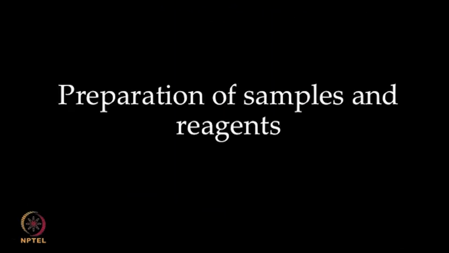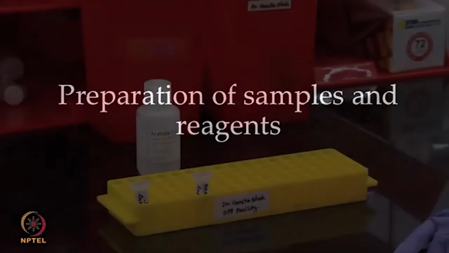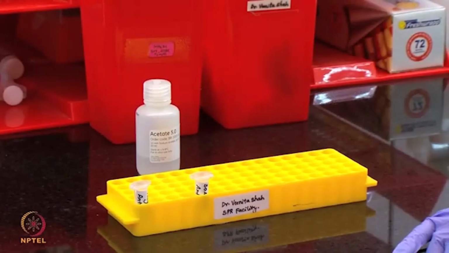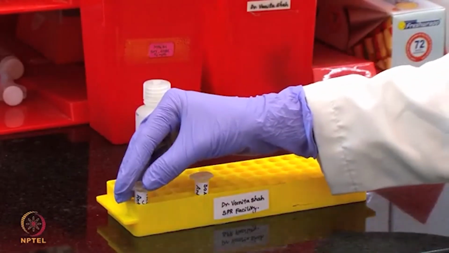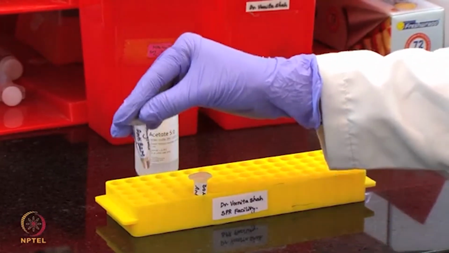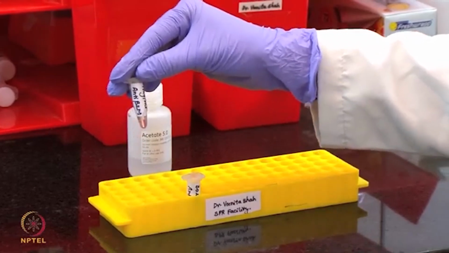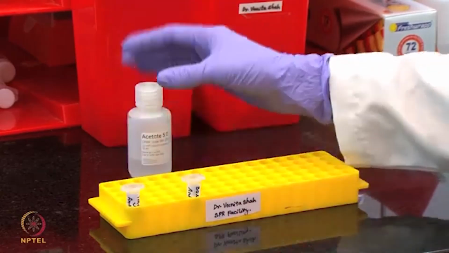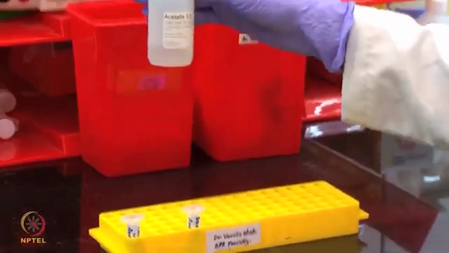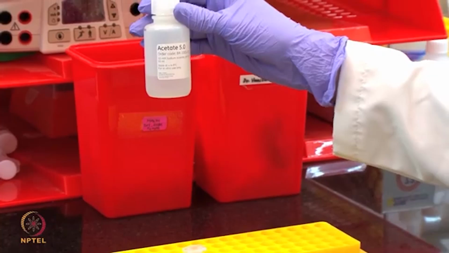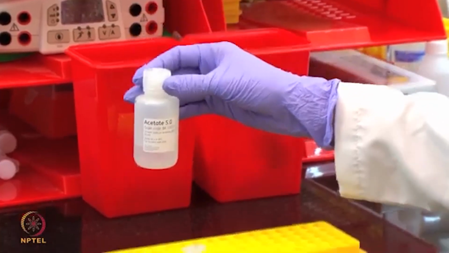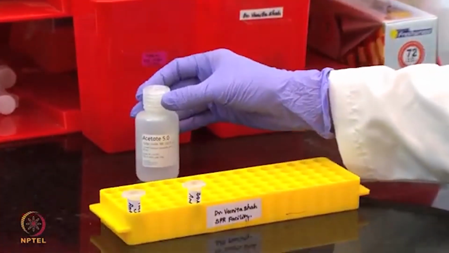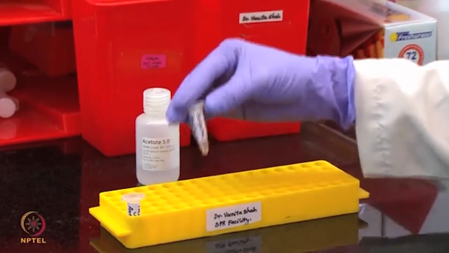We will now work on the reagents required for the immobilization of anti-beta-2 microglobulin on the sensor chip surface. We will first dilute the stock concentration of the antibody, which is 1 mg per ml of anti-beta-2 microglobulin, in 10 millimolar sodium acetate pH 5 to make a working antibody solution of 30 micrograms per ml.